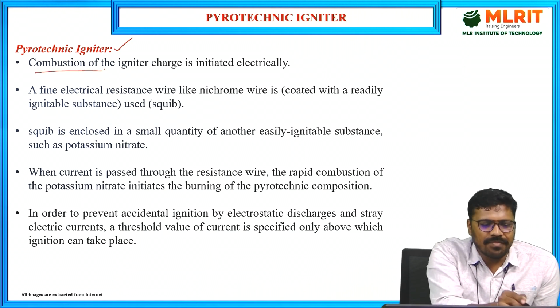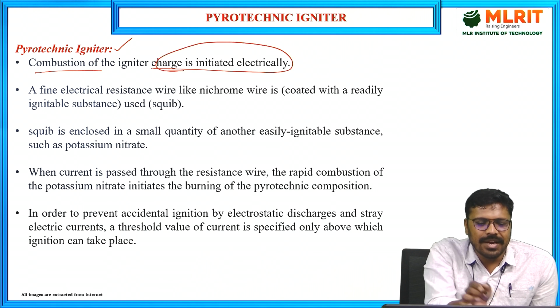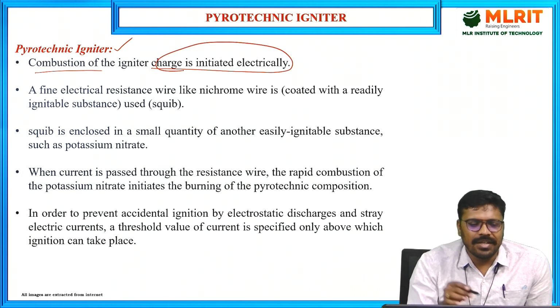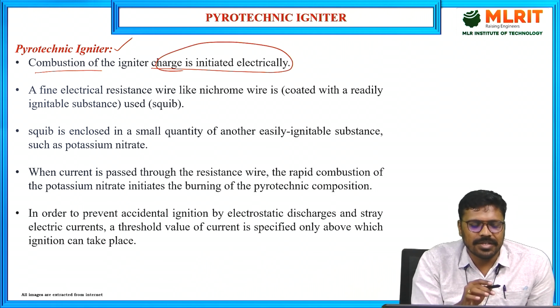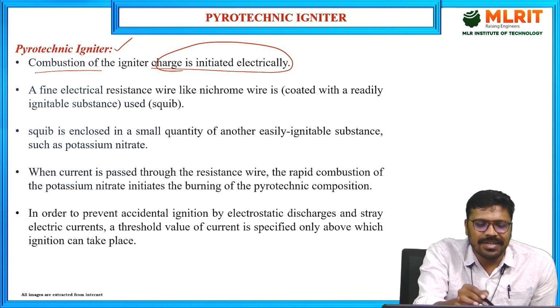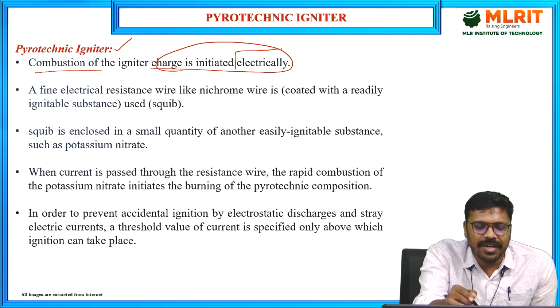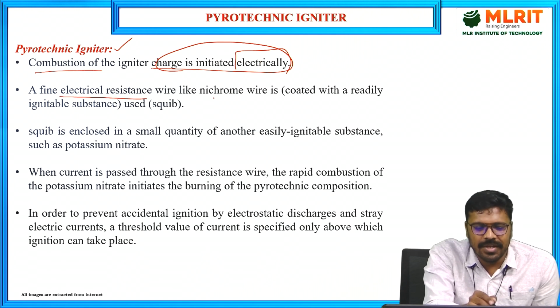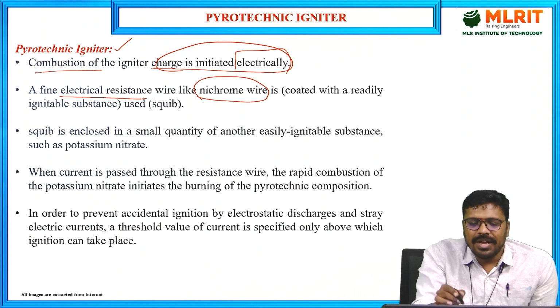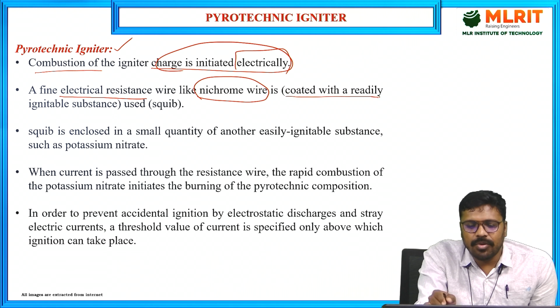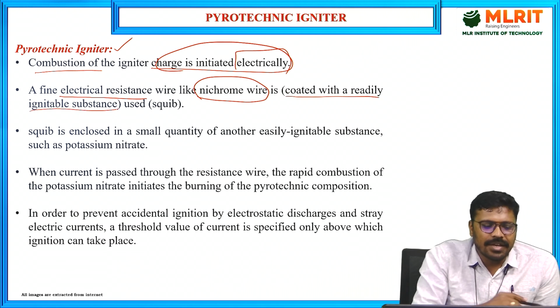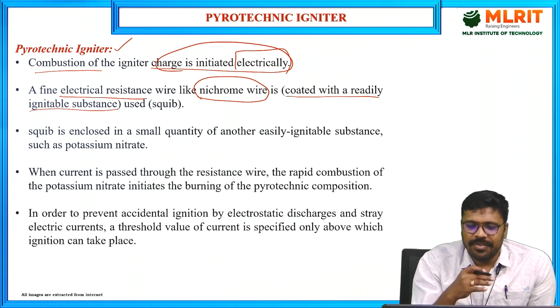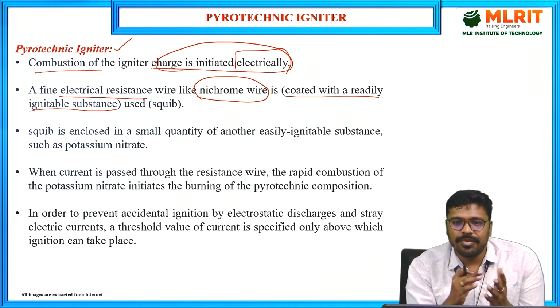The combustion of the igniter charge is initiated electrically. In this igniter, the chemicals are ignited with the help of electrical energy. This electrical energy is supplied with the help of an electrical resistance wire, like a nichrome wire, and this nichrome wire is coated with a readily ignitable substance. The nichrome wire is a good resistor.